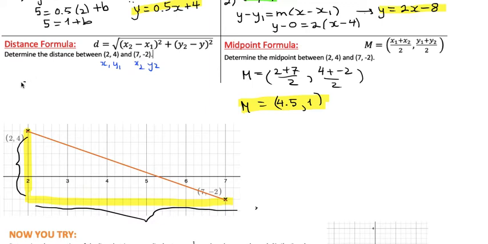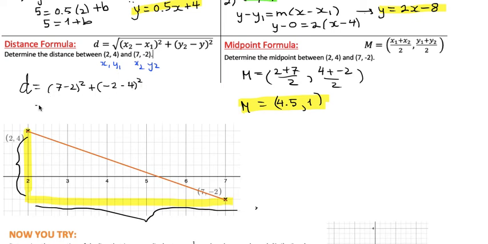Okay, so the distance is going to be the difference in the x's. So it's going to be 7 minus 2, squared. And then the difference in the y's is going to be, careful with the negatives, minus 2 minus 4, squared.